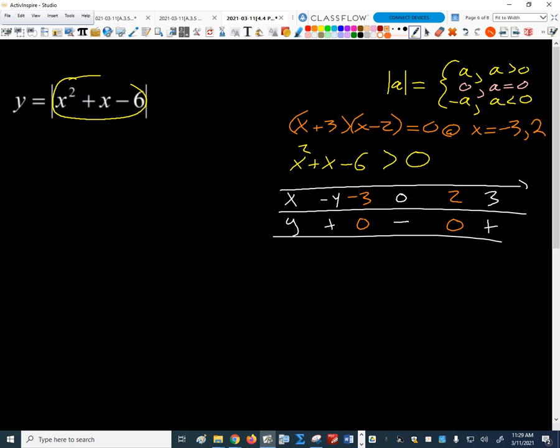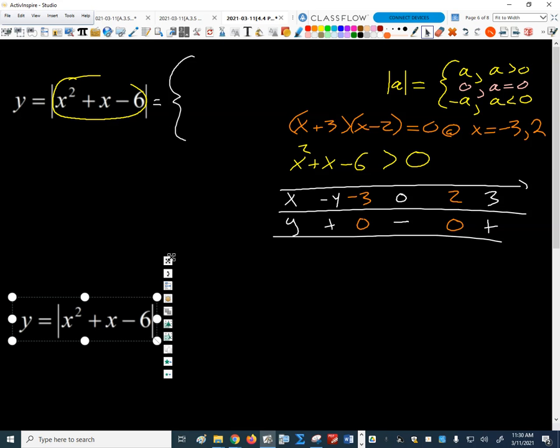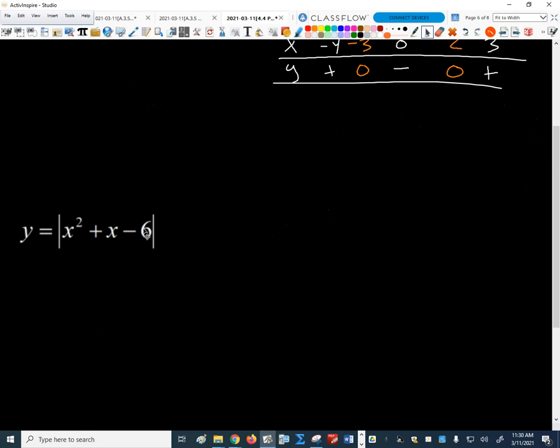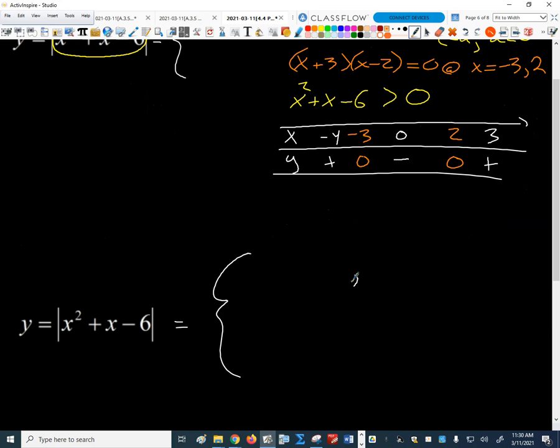So we could write this as, we know that when x is, this is just so messy. Let's do it down here. Our function is positive valued when x is less than negative 3 or greater than 2, right?